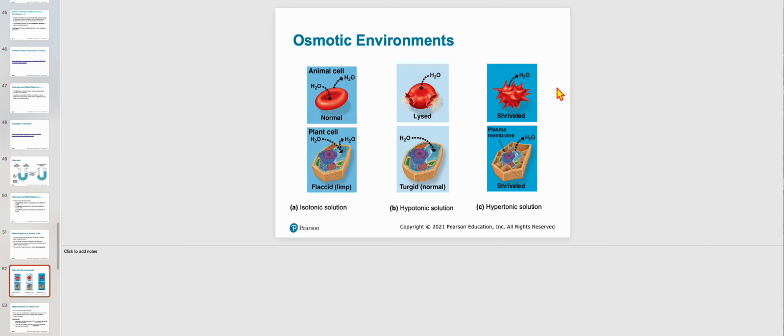Then, once you have the top understood, then you can see the exception that goes for the plant. The plant is unique. Remember, plant cells have a cell wall, so they're going to act differently. So in a plant, the plant is actually going to shrivel up.